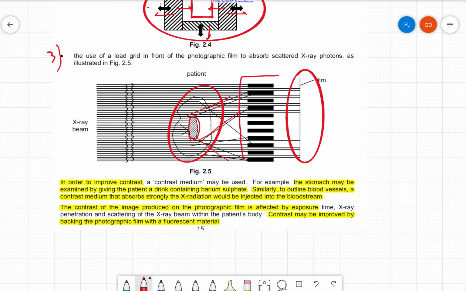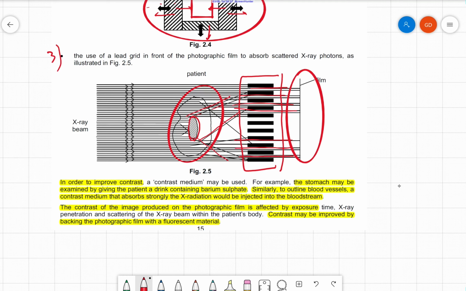We fit this grid, which is mostly made of lead. This lead will absorb the scattered X-ray, and it will filter them so that only directed X-ray will pass, so that a sharper image will be formed. Okay.